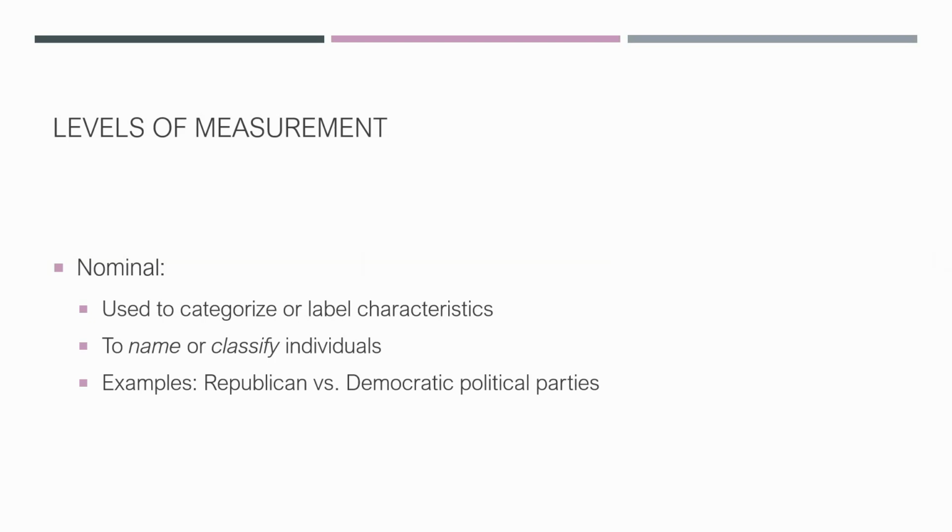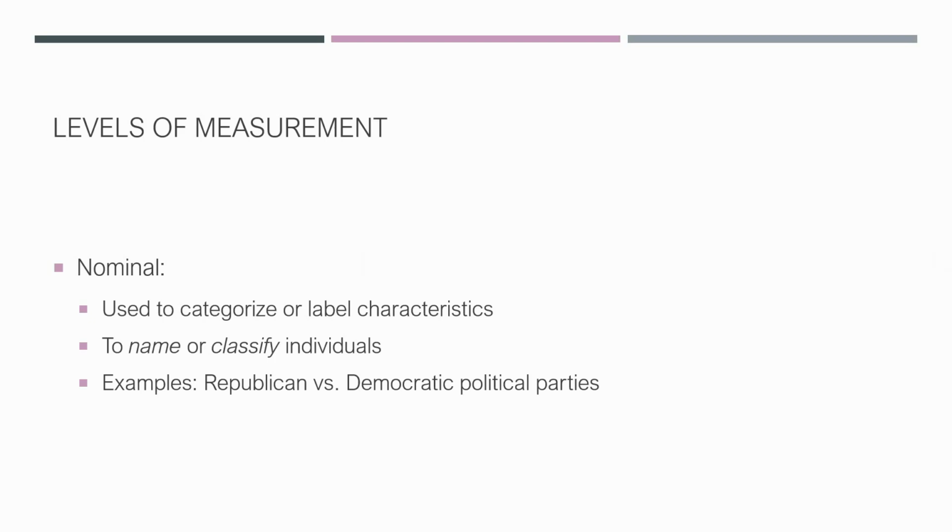So we can assign a 1 to the Republican Party and a 2 to the Democratic Party. But these classifications of 1 versus 2 do not mean anything in terms of one being better than the other, one being more correct than the other, and so on and so forth. They are simply numbers assigned to these groups to create the idea that there are two separate groups. Okay, so that is the nominal variable.